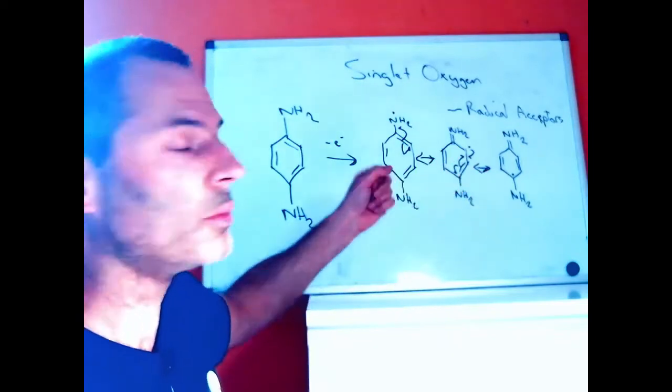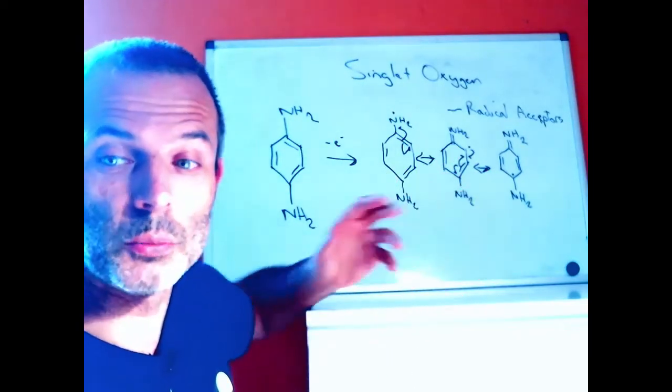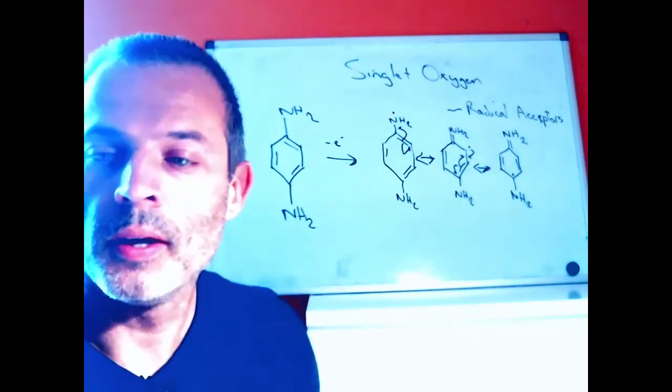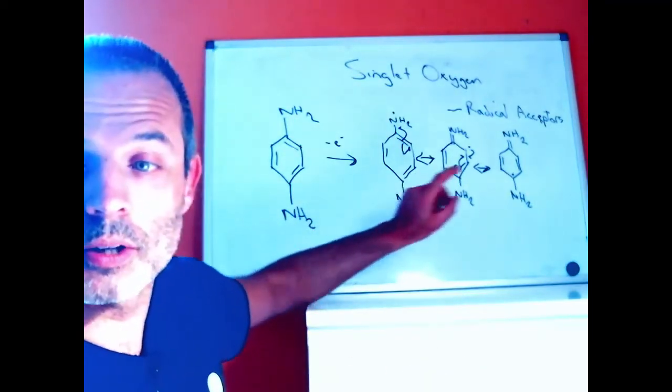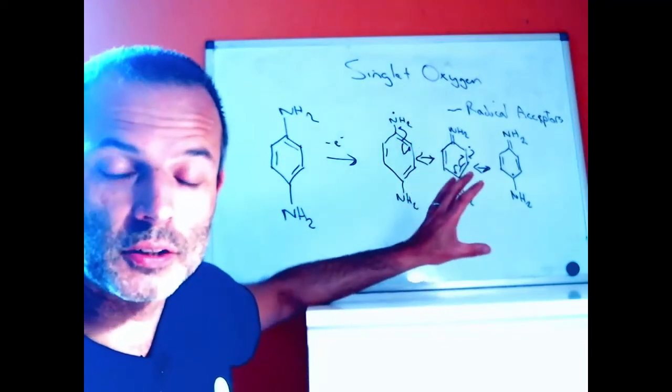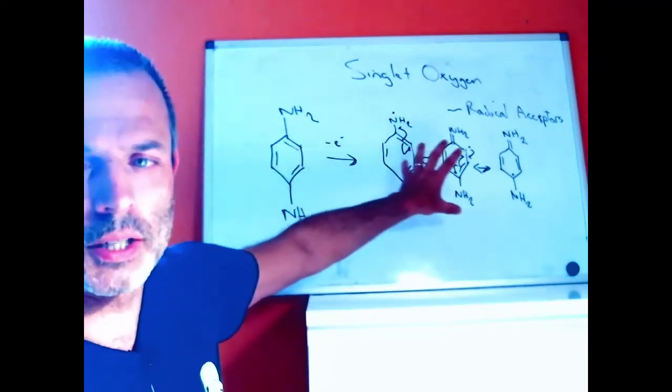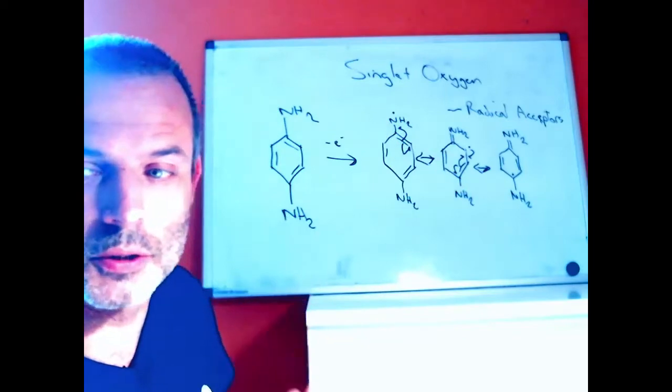But other radical acceptors include vitamin C, vitamin E, for example. Typically, if one was formulating a polymer, you would put some radical absorbers into it to make it last for longer, because these will protect it against oxygen damage.